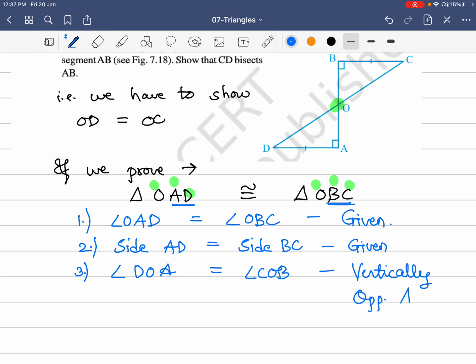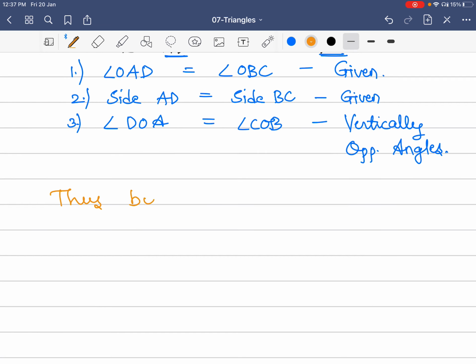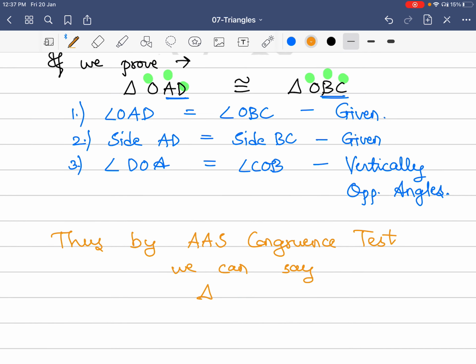Now, thus we have two angles and one side. So by the angle angle side congruence test, again focus on the order, we can say triangle OAD is congruent to triangle OBC.